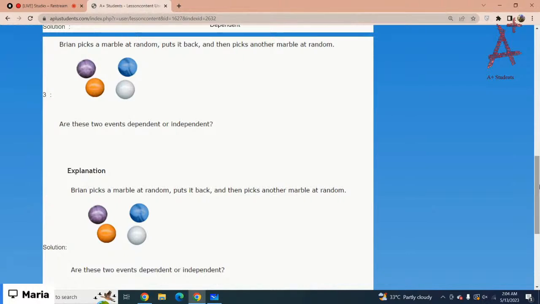That means this event is an independent event, because if you put it back, you have the same number of marbles each time. If you pick a marble without putting it back and then select another marble, that would be dependent events. But if you put the marble back, that would be an independent event.